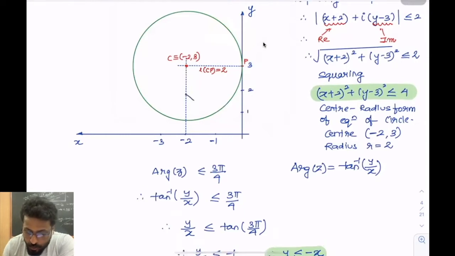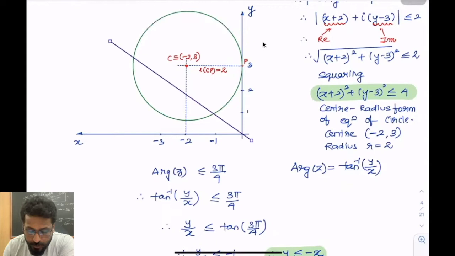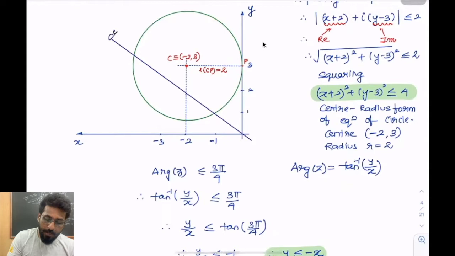Okay, so let's draw a line which is going to pass through the origin, and it is also going to pass through the points -2, 2, -1, 1, and so on. So as I said, an appropriate diagram is sufficient to make you understand what's happening over there. Okay, so this line that I've drawn is the line whose equation is y equal to -x.